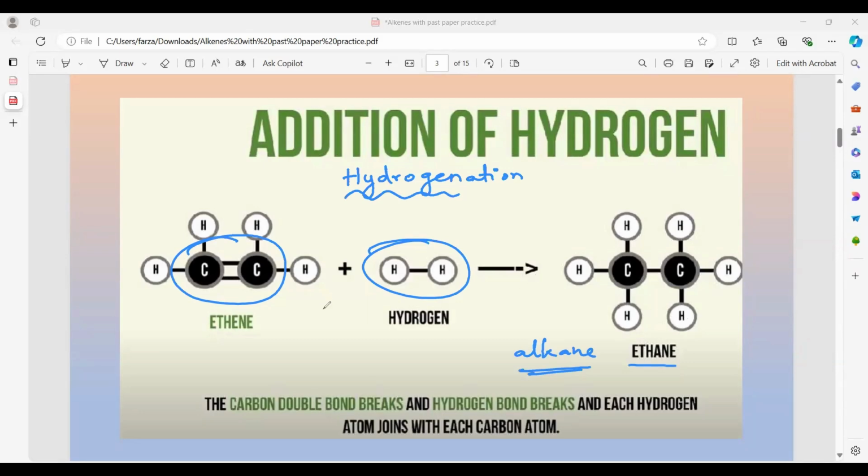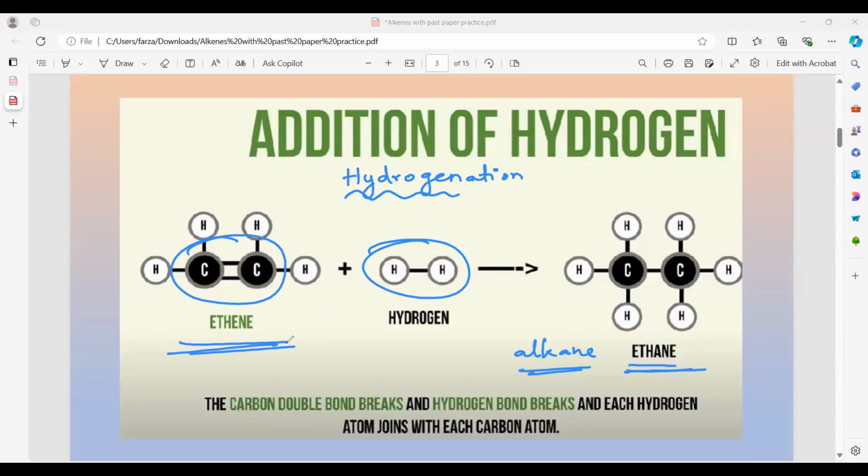So remember, when an alkene breaks the carbon double bond and joins with two hydrogen atoms, it forms an alkane, and this process is called hydrogenation. So here you see an unsaturated alkene becomes a saturated alkane.